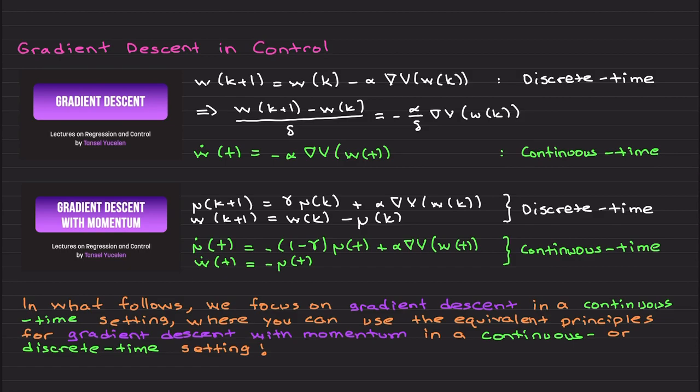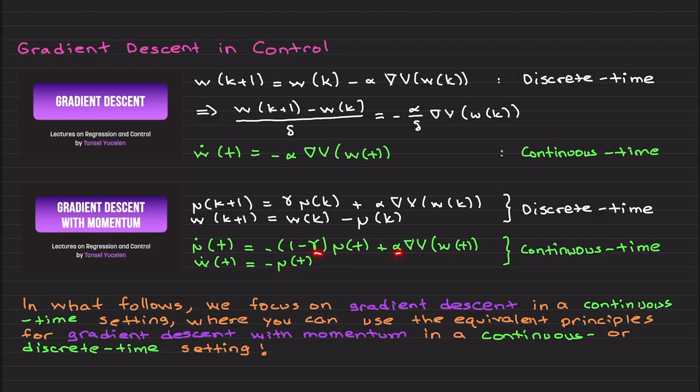All right, similarly, if you have gradient descent with momentum, by doing this trick, you can have this continuous time form here. Again, these alpha and gamma do not directly correspond to what you see here, but that's okay. At the end of the day, these are all tuning parameters.